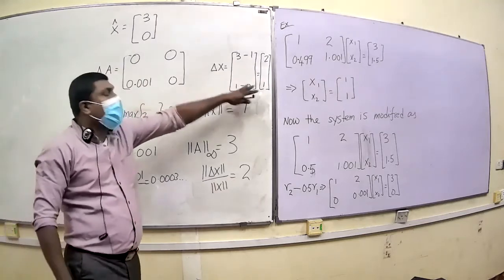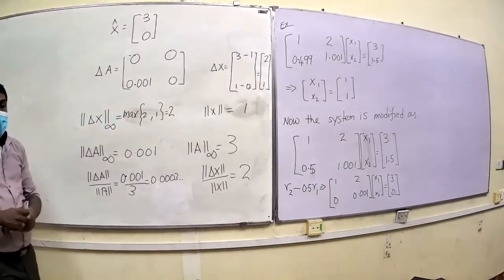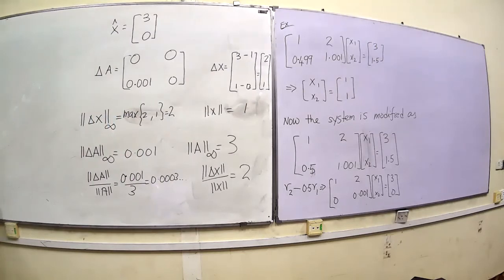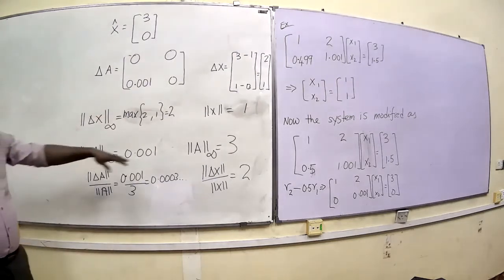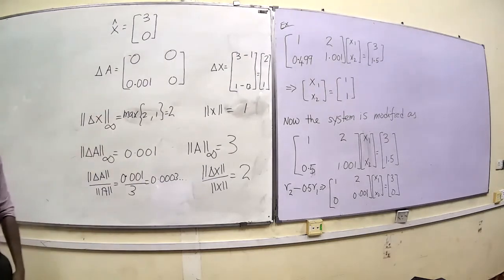So sometimes you cannot look at the numbers and tell. Numbers might look very close, but if you look at the norm, the same norm you have to apply. That is why I apply the infinity norm, because in the infinity norm for vectors you take the maximum, and in the infinity norm for matrices you take the maximum row sum, so that is easy for you. You can even do the column sum, but that will give you a lot of decimal numbers, so that is why I changed back to the row sum.